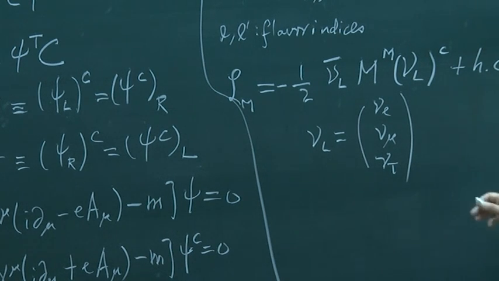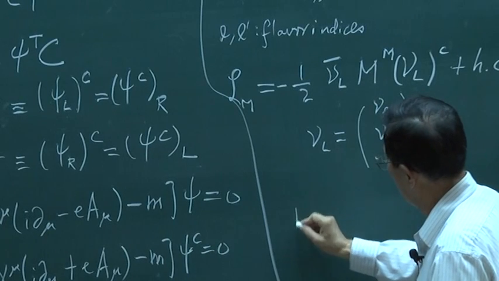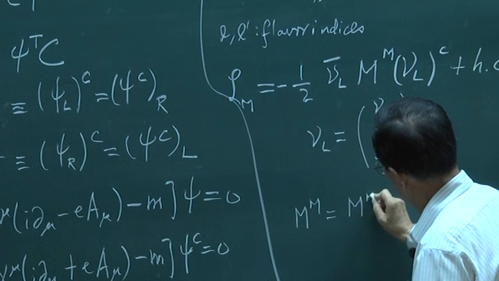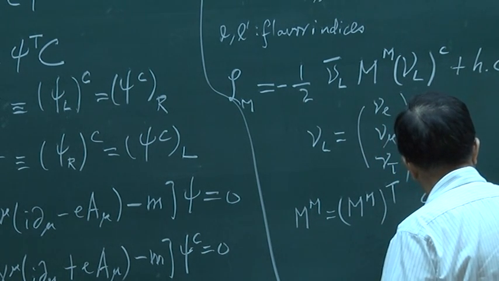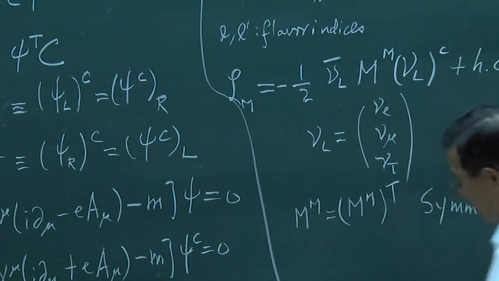Last time I showed you that because of the properties of charge conjugation and so forth, this matrix is symmetric, M equals M transpose.